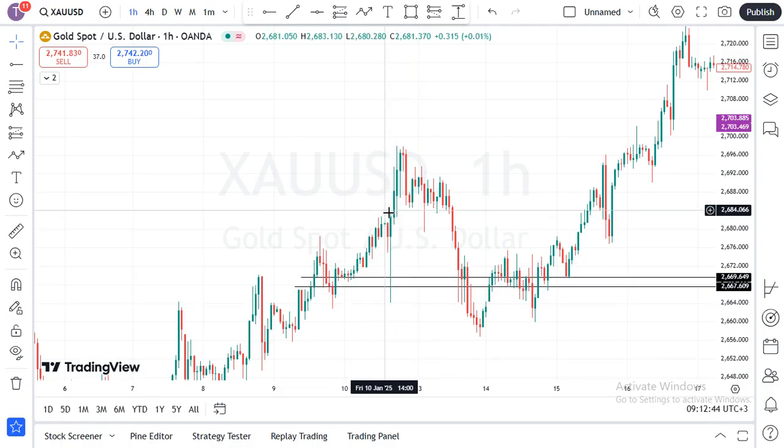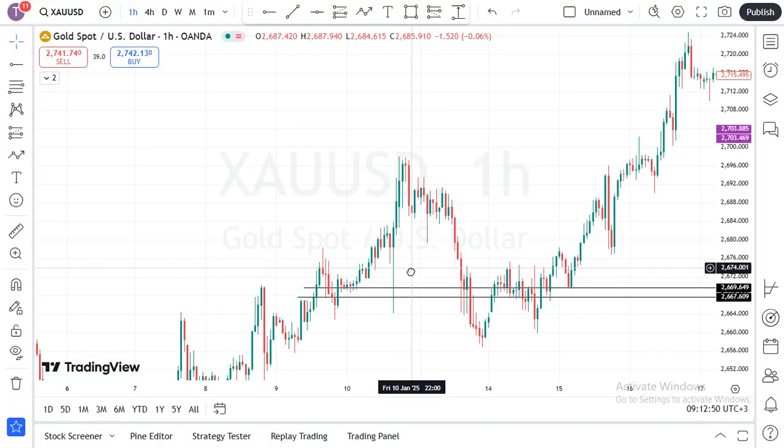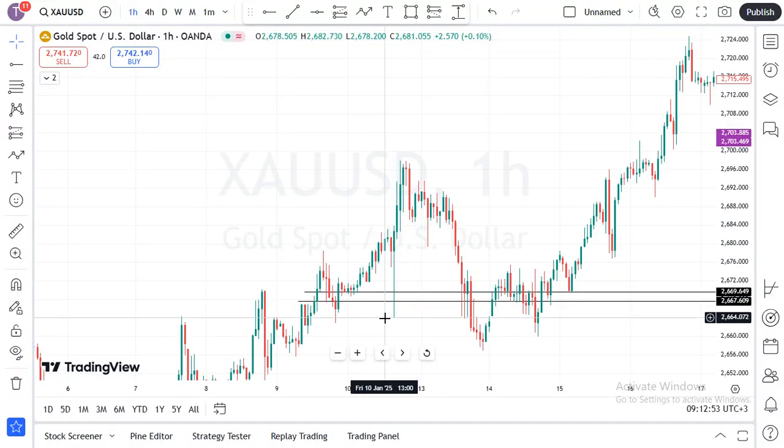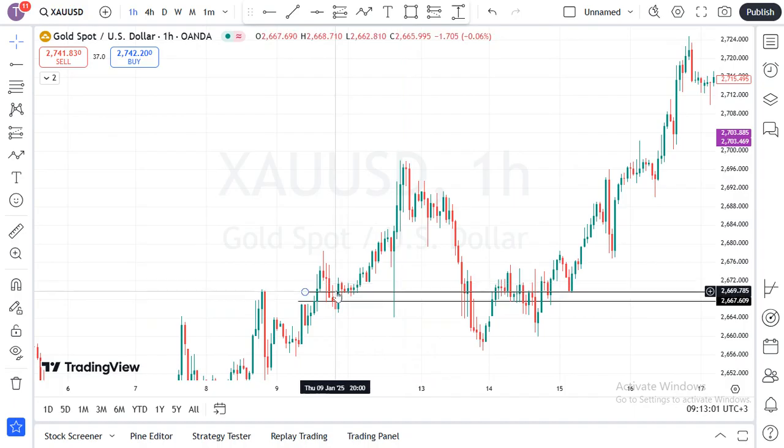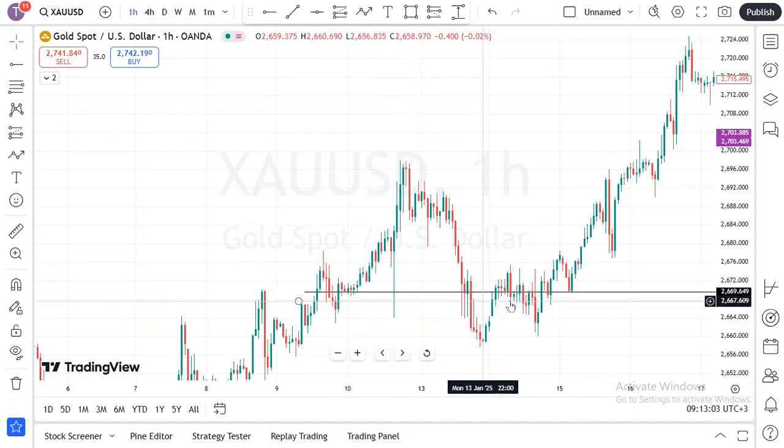As you can see, this candle was for the impact. The impact had to come and take this.